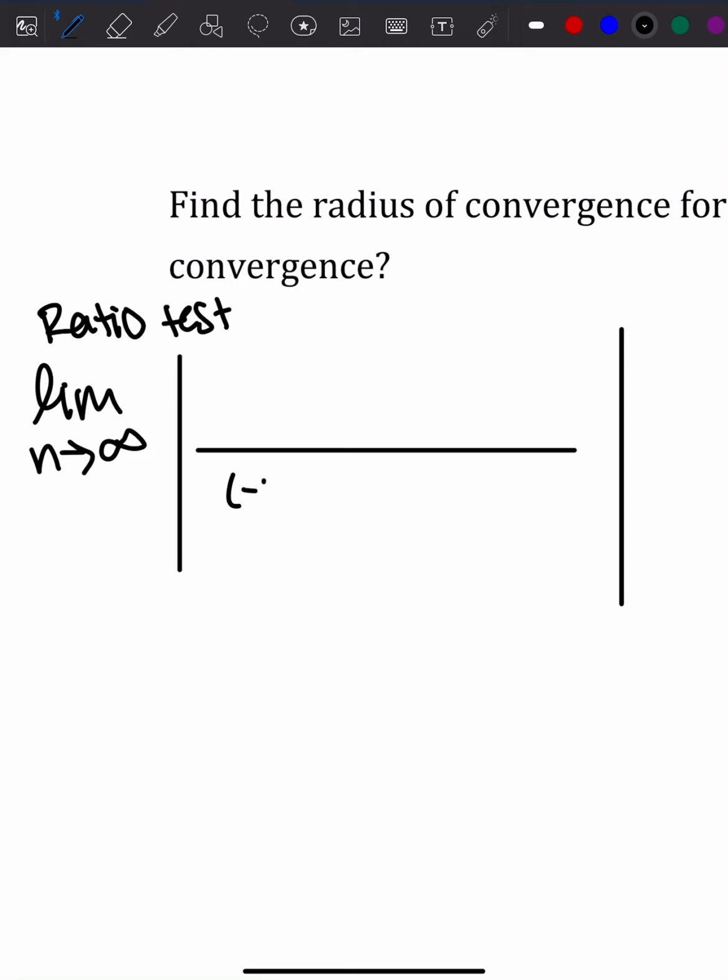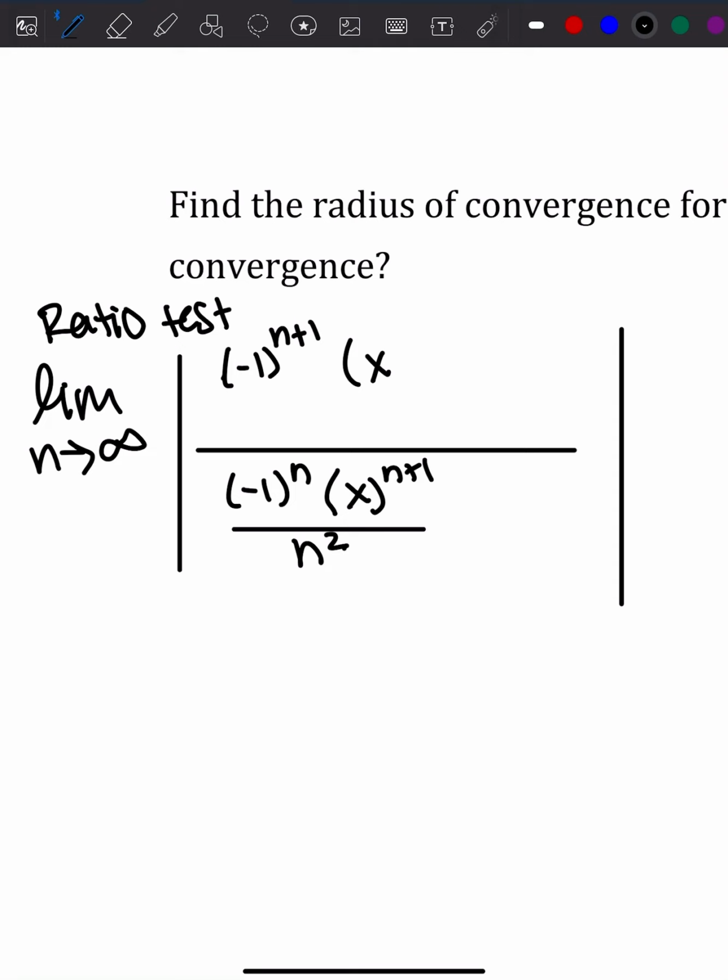So that's (-1)^n times x^(n+1) divided by n squared. And then we're going to add 1 to all of those n's for the numerator. So we have (-1)^(n+1), we have x^(n+2) this time, since it's already plus 1, and we have (n+1) squared.